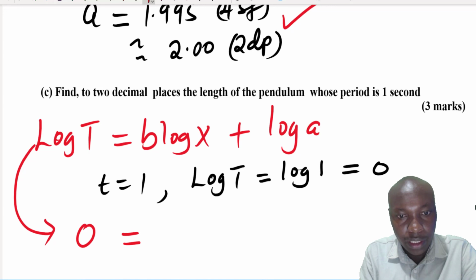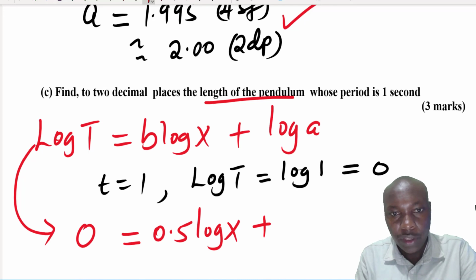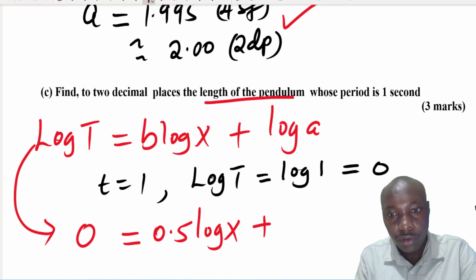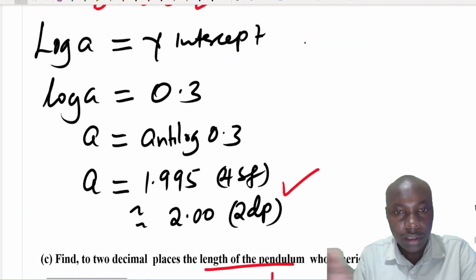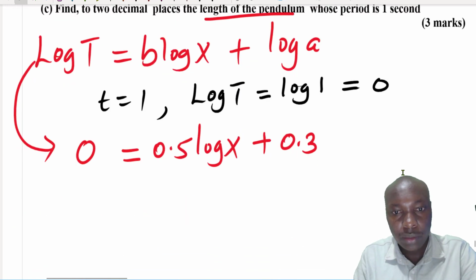Then we obtained b as 0.5, and log x is what will give us the length of the pendulum. Logarithm of a is 0.3, so you just need to substitute there.